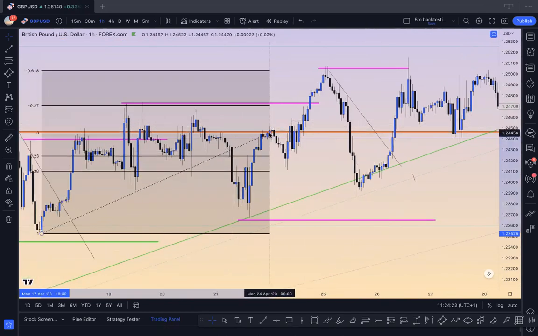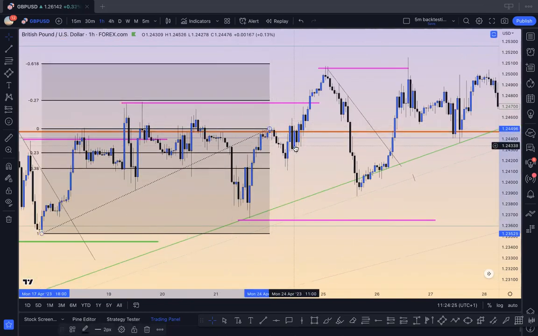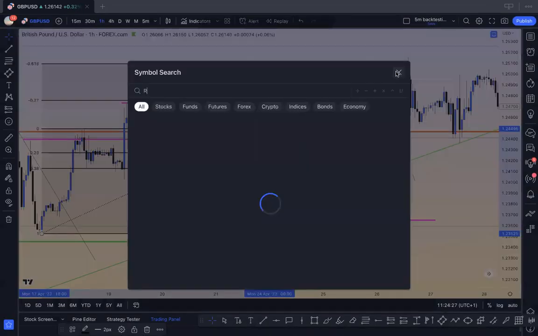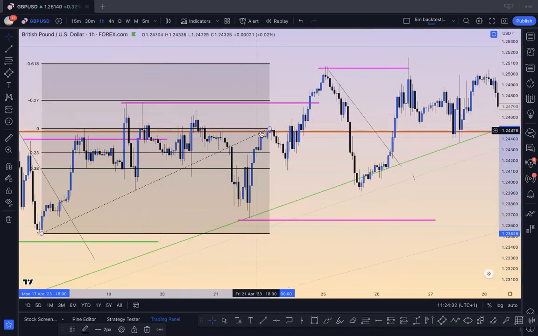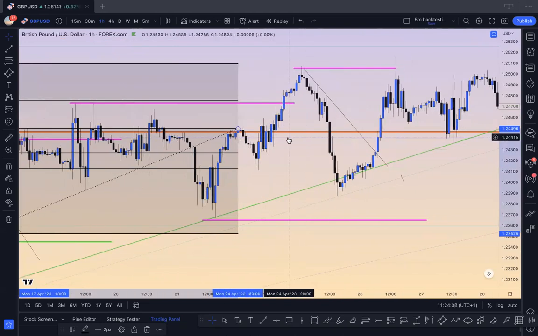This was the fib. We were here. I was aiming for price to go to negative 27 and it did. So I took my trade.